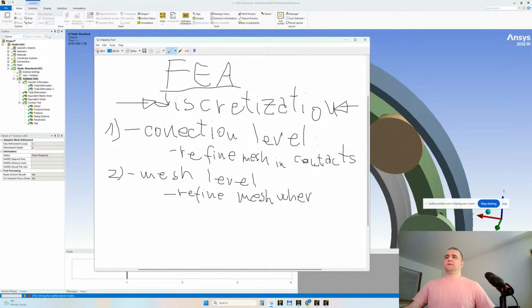Don't refine everything. Sorry for my writing, but it's with the mouse. This is easy to understand, right? There is another discretization. Yeah, we're following: connection, mesh, and there is this discretization.